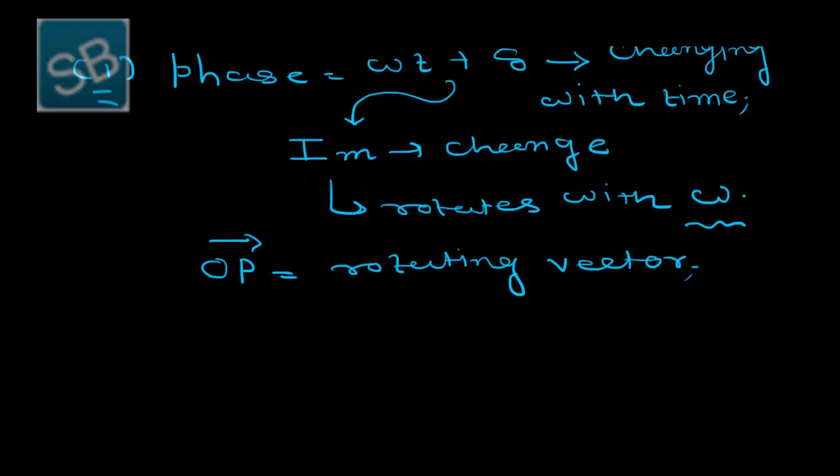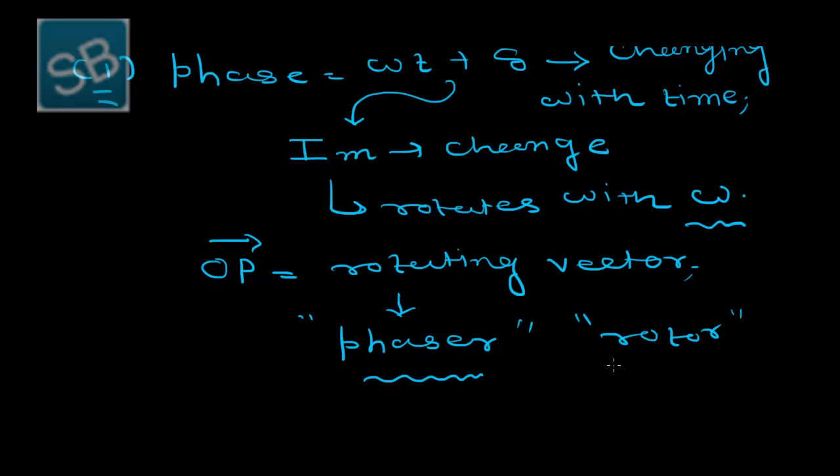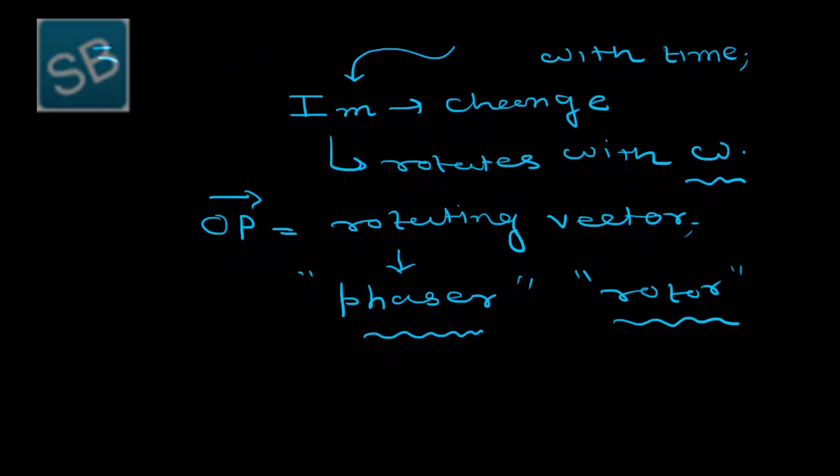And such a rotating vector is also known as the phasor, or you can say the rotor. So instead of using the name rotating vector, you can directly substitute the name phasor or rotor.